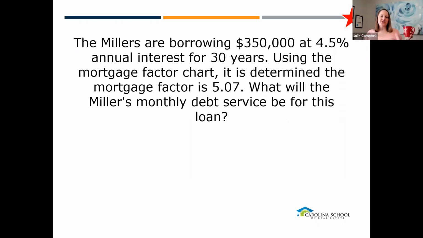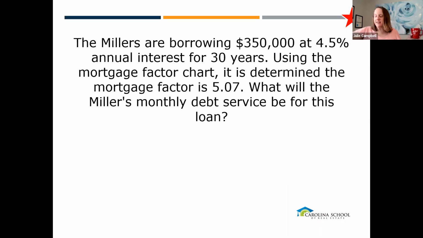So this one says the Millers are borrowing $350,000 at 4.5% annual interest for 30 years. Using the mortgage factor chart, it has been determined that the mortgage factor is 5.07. What will the Millers' monthly debt service be for this loan? So let's just pretend for a second we don't know that 5.07, and let's go back to our book on page 412.